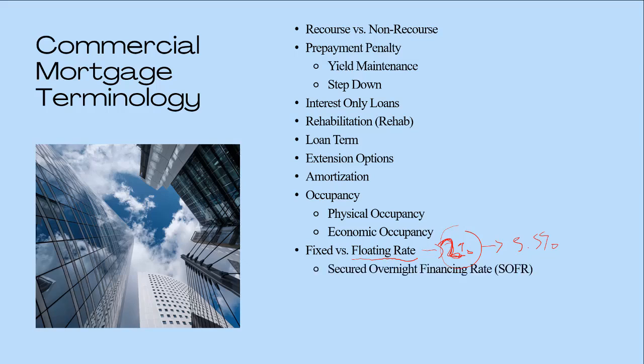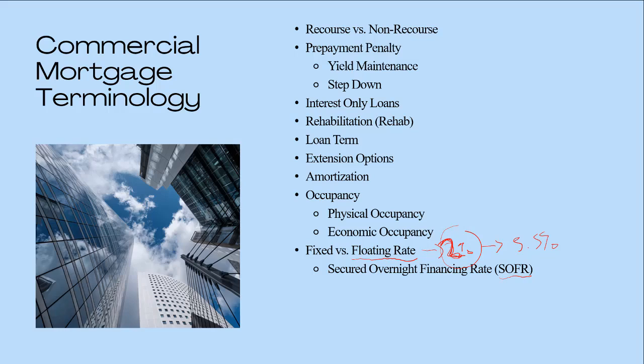So the way it works typically is that the floating rate is going to be benchmarked to some interest rate. The most common one now for commercial loans is this SOFR rate. SOFR is essentially, you can consider it risk free because it's the rate if you were a bank getting a loan from the Fed, and the collateral is U.S. Treasuries, what interest rate is the Fed going to charge you?